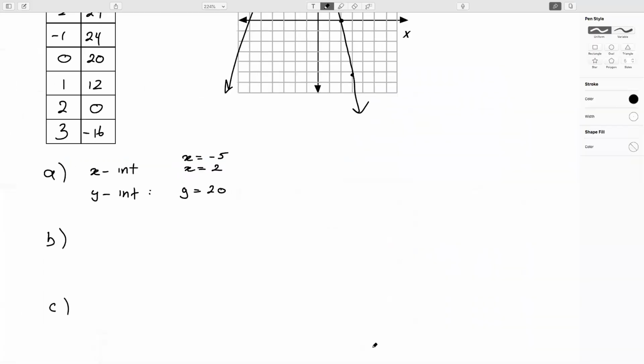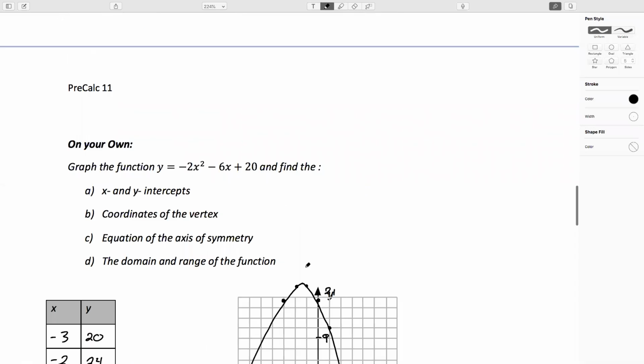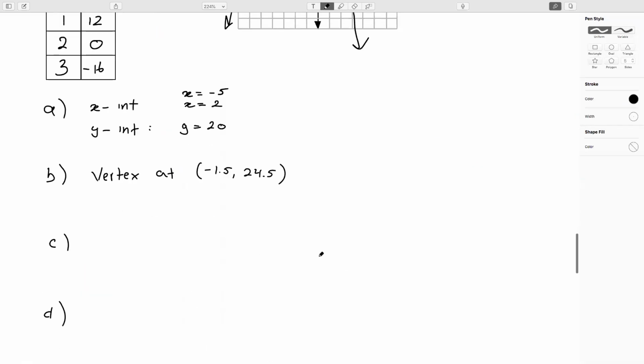So the vertex is at -1.5 for x and a y value of 24.5 for y. And those brackets just tell me that's a point. So I basically defined a point, (-1.5, 24.5). That is this vertex here.